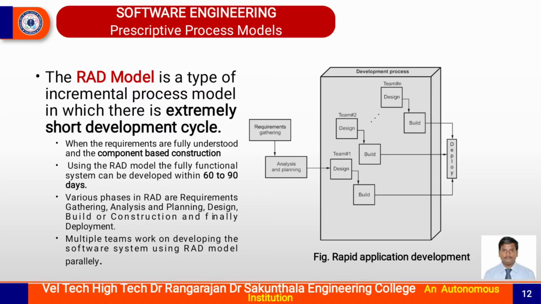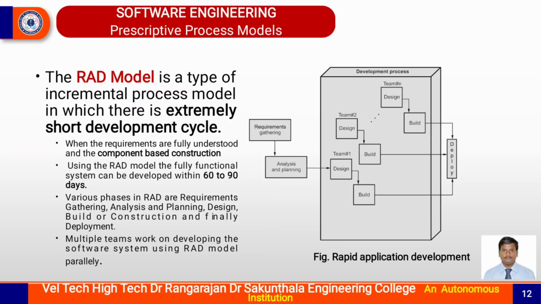Right. Next, 60 to 90 days in the sense that we have different teams: team 1, 2 through nth team, where each team is going to design the product and build the product. The 1 to nth teams will finally send the final result to deployment.